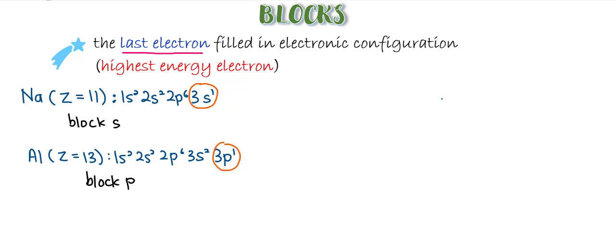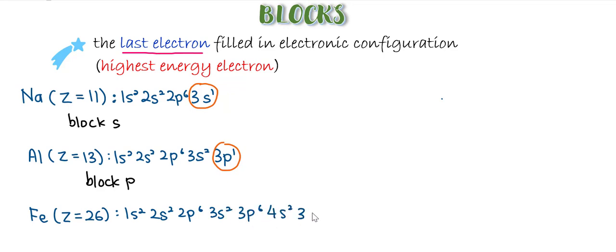And for the last example, let's say we have iron, whose proton number is 26. The electronic configuration for iron is 1s2, 2s2, 2p6, 3s2, 3p6, 4s2, and 3d6.